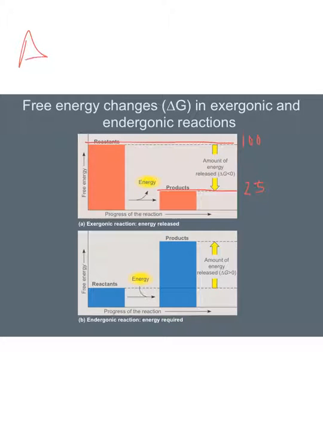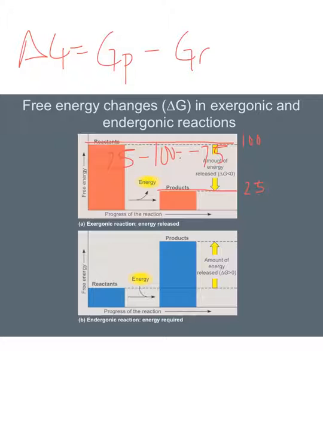And remember, for our delta G, we're going to take the G of our products minus the G of our reactants. So if we look at this first energy diagram in orange here, the G of our products is 25 minus the G of our reactants, which we said was about 100. And so we get a negative number there, a negative 75.